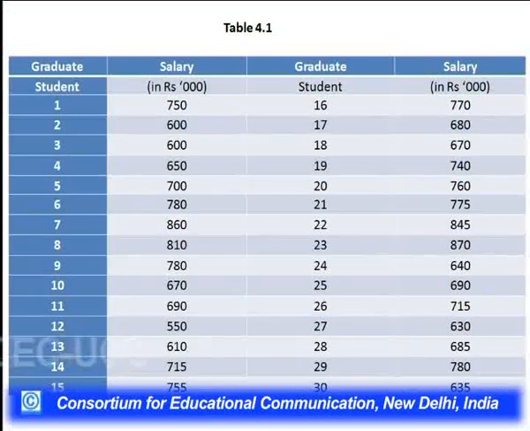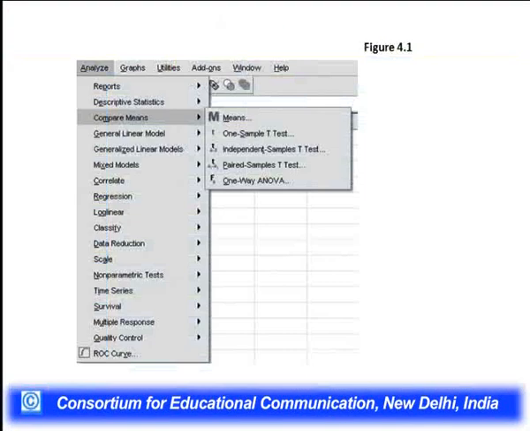So in the first case, for the one sample t-test, let us have a look at this again. These are the number of graduates, the salary of the two students. Because it's a one sample t-test, we are just trying to compare that one sample with the average.